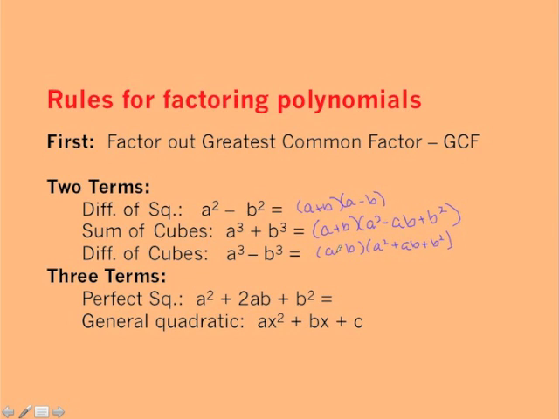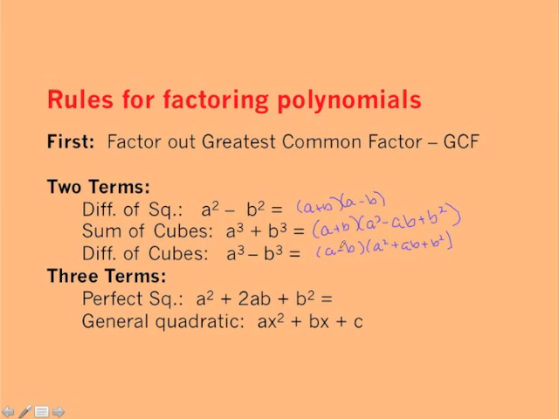Notice that these two cube forms are very similar: a plus b or a minus b, and then an a squared, an ab, and a b squared term. The only difference is these signs and these signs. It helps to remember that the binomial's sign is the same as the sign in the original expression: if this is a sum, this is plus.